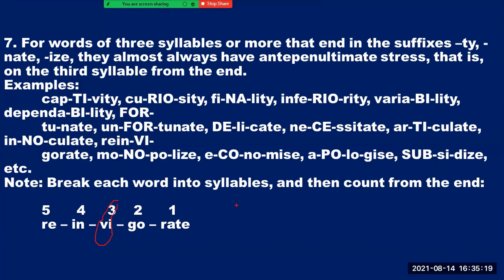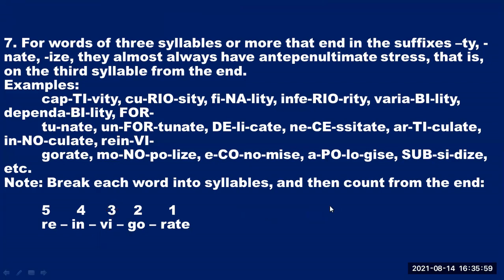So when we come to reinvigorate, this is how it will be. So we place stress on this 3rd syllable, and that is the one that has the capital letters. If you understand these rules and apply them, then you'll be able to pick the correct answers.